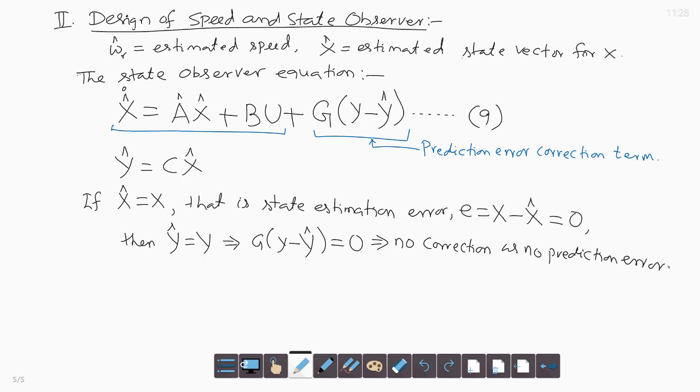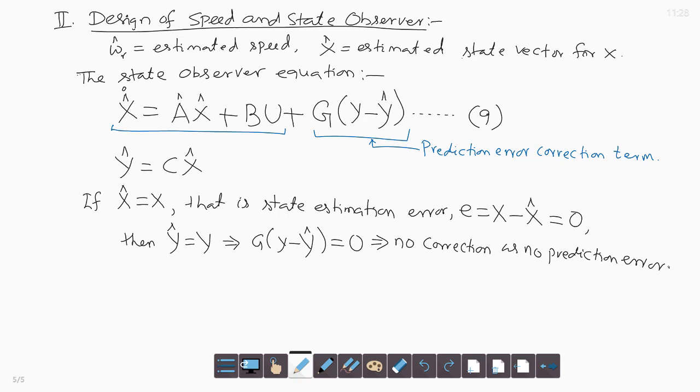When the prediction error is 0, E is 0, then the last term is 0, so there is no correction. If x and x hat are unequal, then there is a prediction error. Based on the error, the last term is added, which brings the state estimation error to 0.